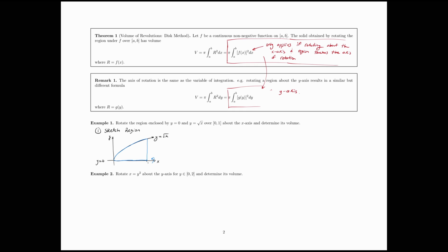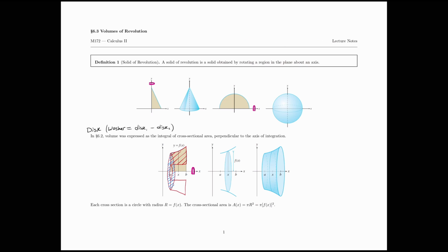Okay, so if we're rotating about this axis, we can think about what we did in the previous video. We thought about this line segment that gets rotated about the axis. In particular, it is perpendicular to the axis of rotation.